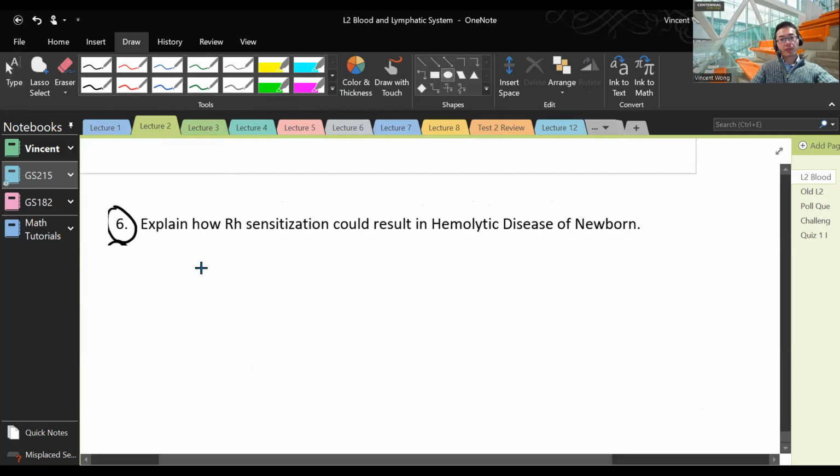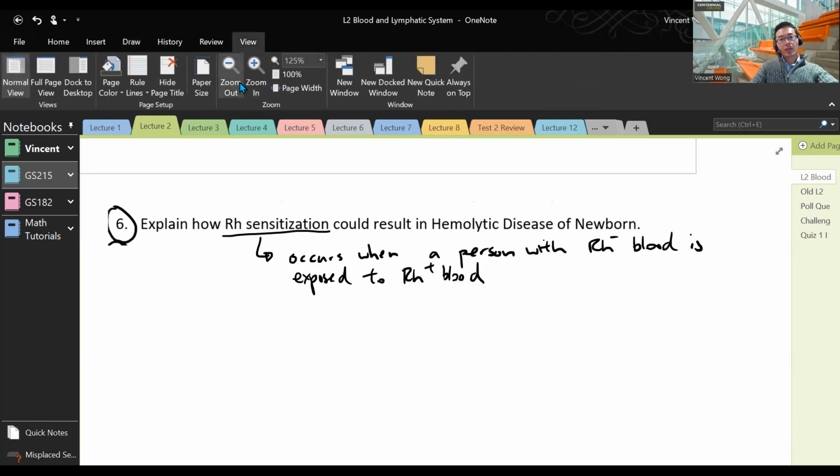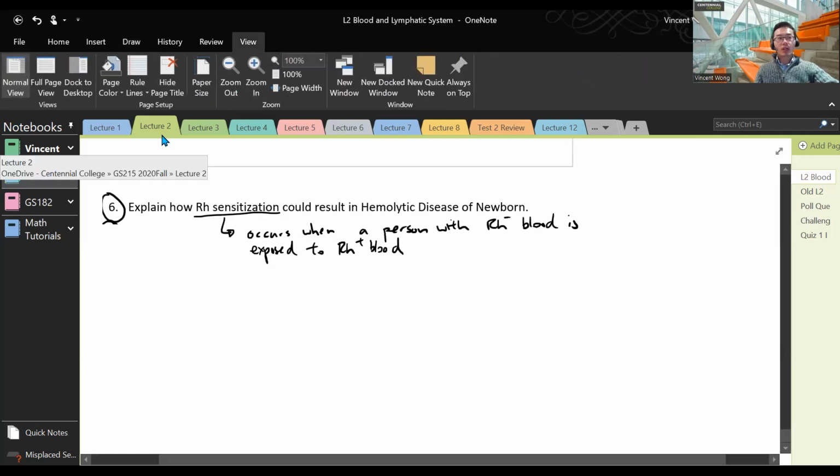All right. So first of all, what is RH sensitization? RH sensitization occurs when a person with RH negative blood is exposed to RH positive blood. Okay. So that could happen due to wrong transfusion.